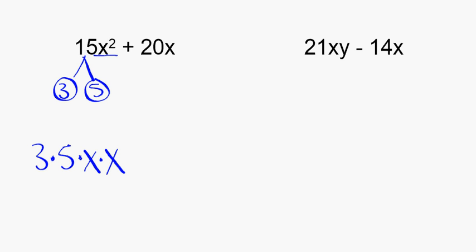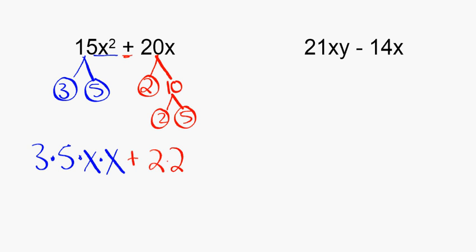We can factor the 20x. This is the same as, say, 2 times 10. And then 10 is the same as 2 times 5. So 2 is prime, and so is 5. Since they're being added, I'm going to write plus 2 times 2 times 5. And don't forget, this term also had an x.